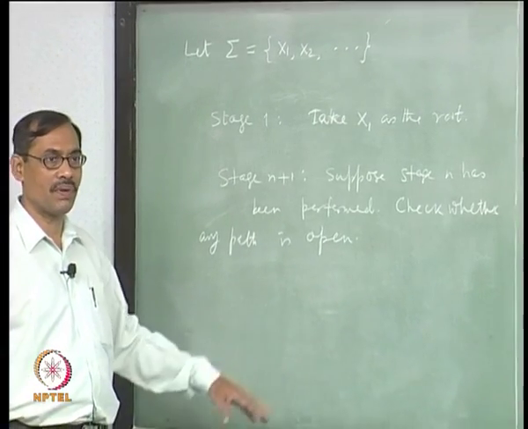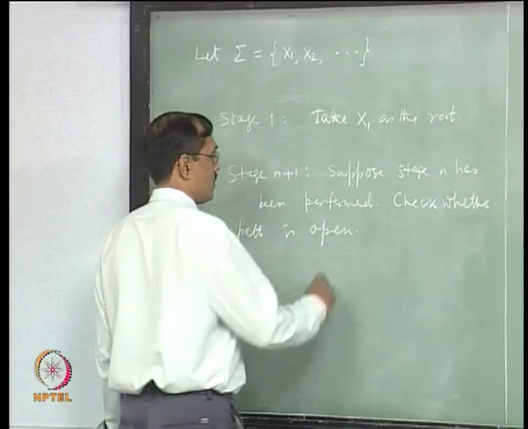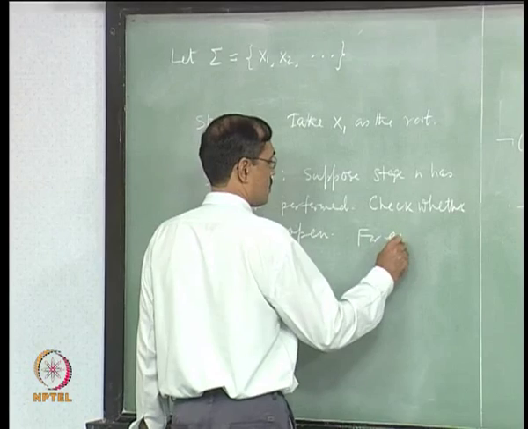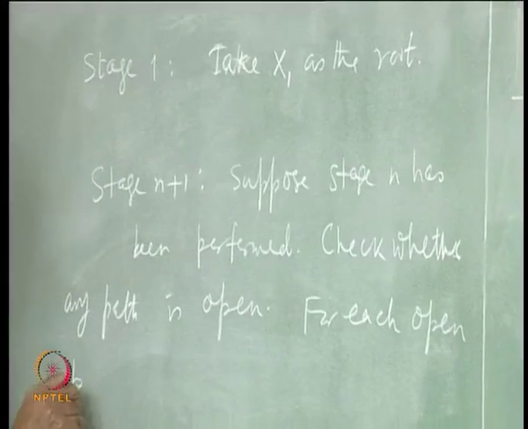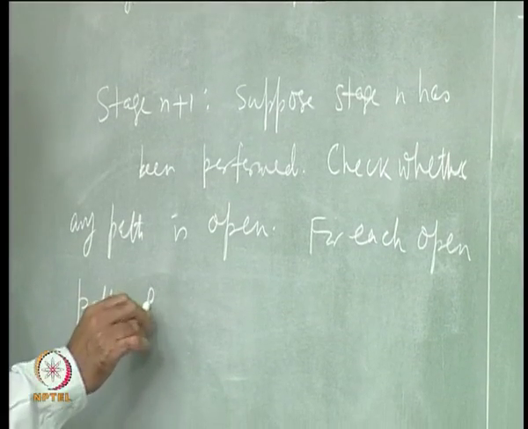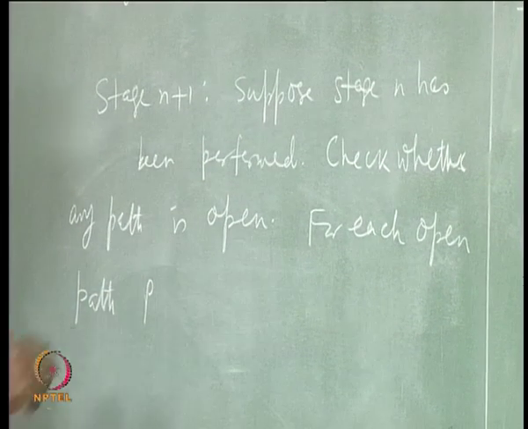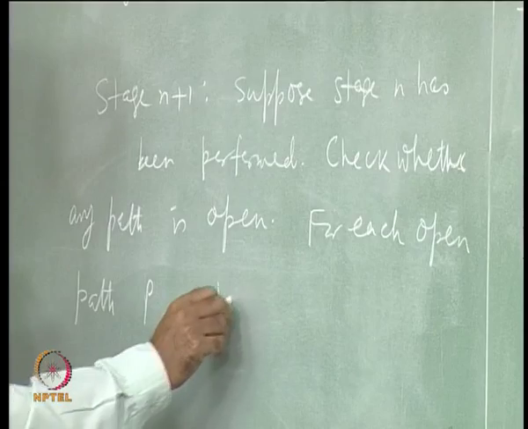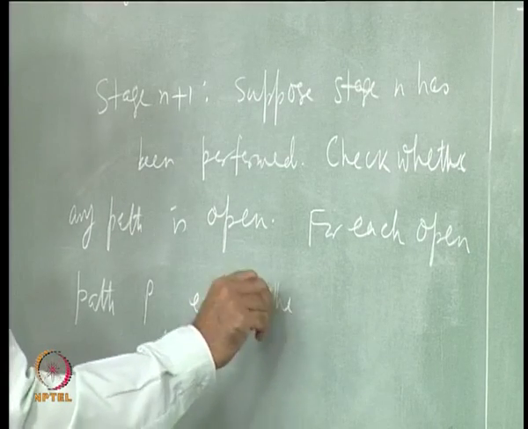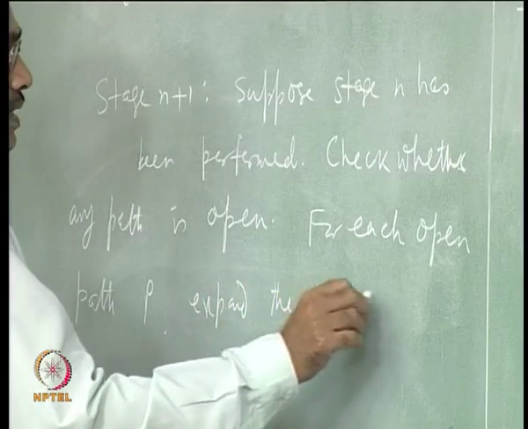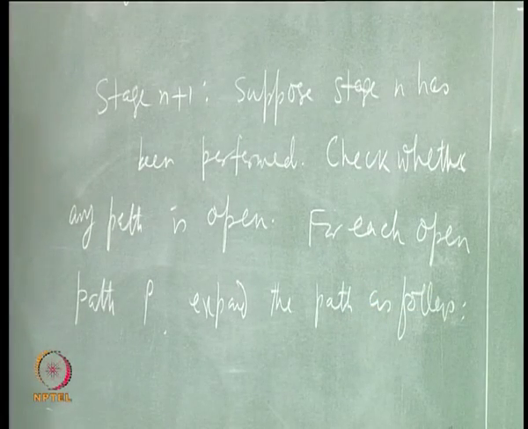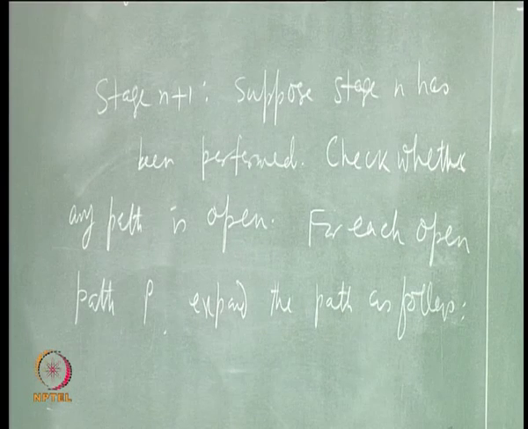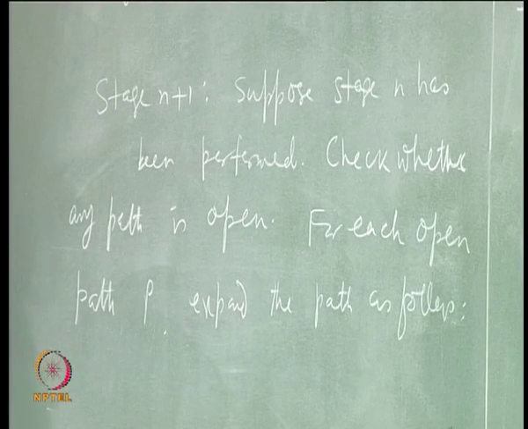Then for each open path you have to do something. So, for each open path, let us call it row, expand the path as follows. So, how do we expand? First we have to introduce x n plus 1, right.